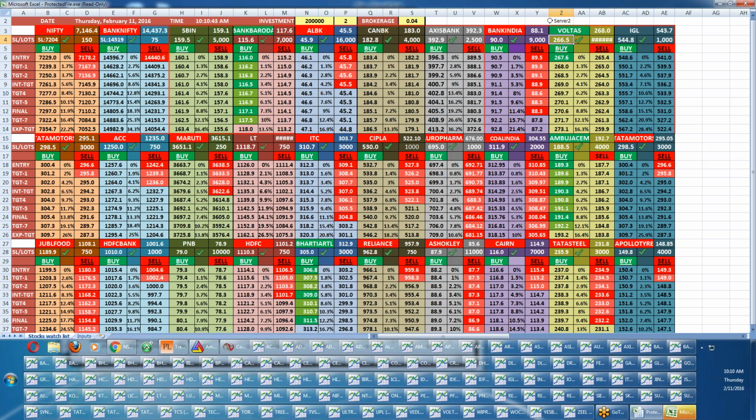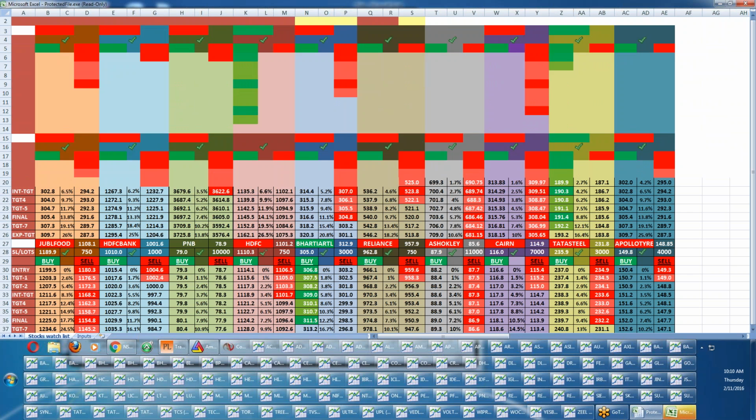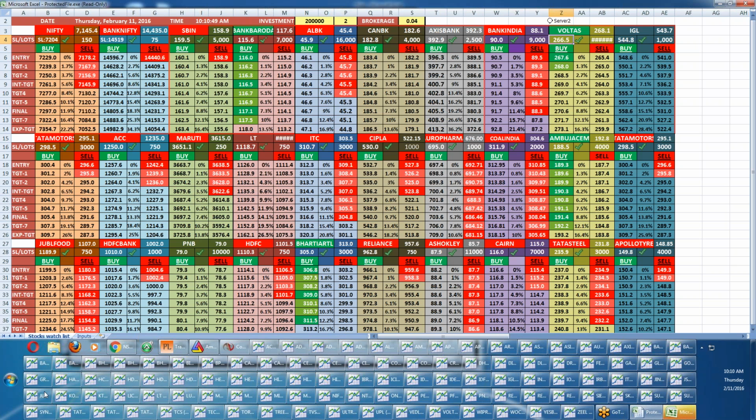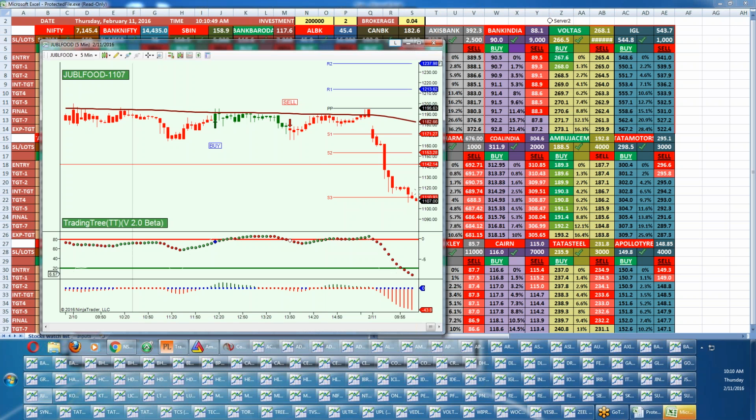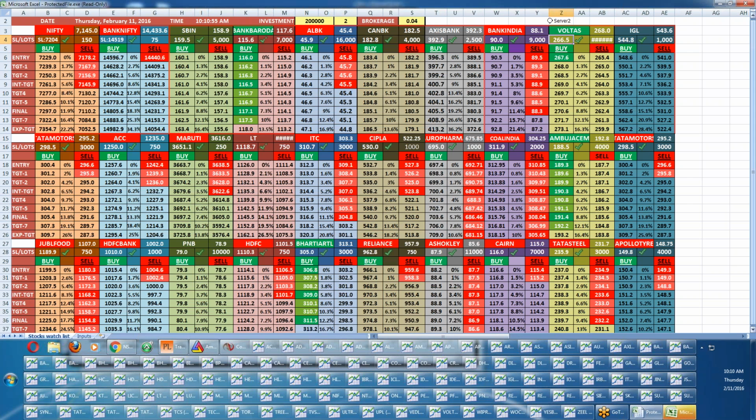So we're talking about Jubilant Food. We're talking about 1111. It's already done that target. Now it is at 1107. So more than 70 rupees there.